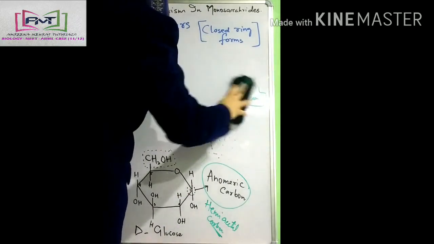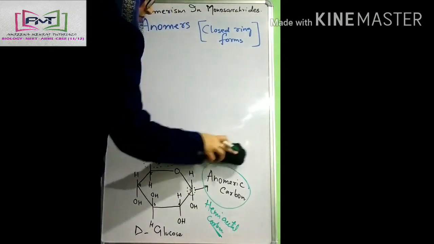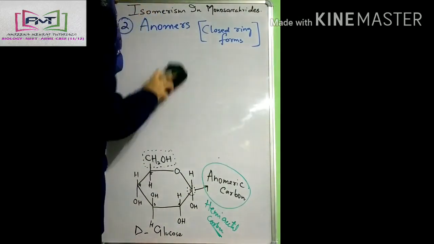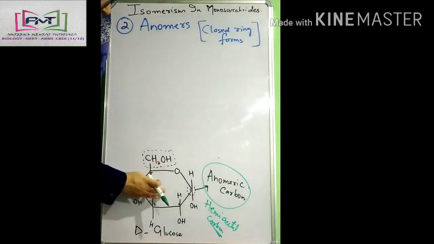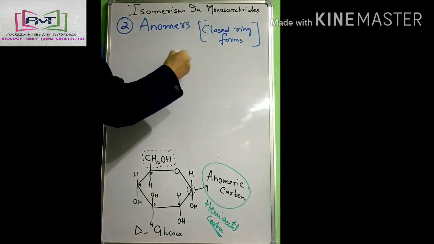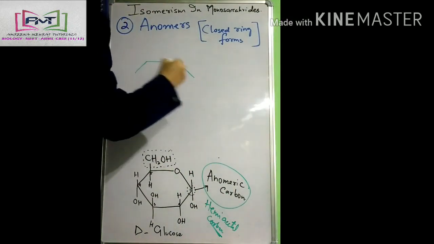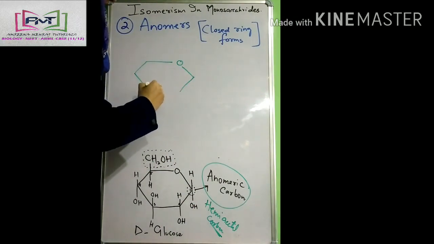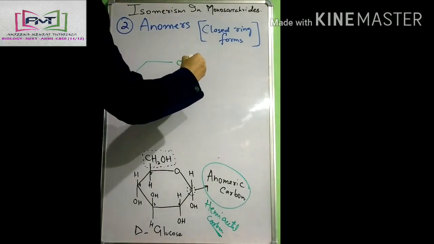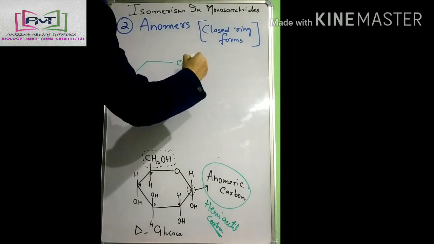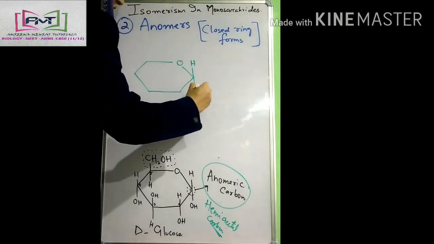And let us now see what anomers are, and what are the anomers of D-glucose. If I make this again, let me show you here. In this case, HOH.